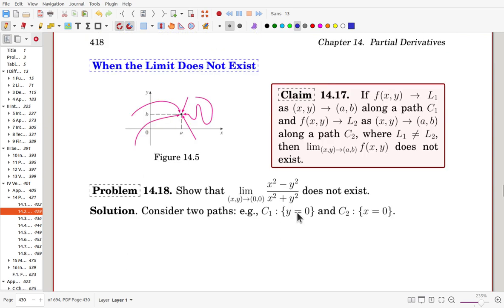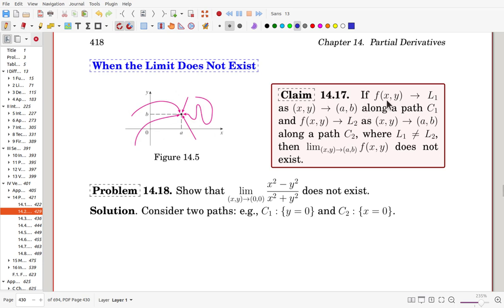Now, once you have to find a limit, sometimes you have to prove the limit exists, or sometimes you have to show that the limit doesn't exist. When the limit doesn't exist, you may use the following technique. Here we have a claim.